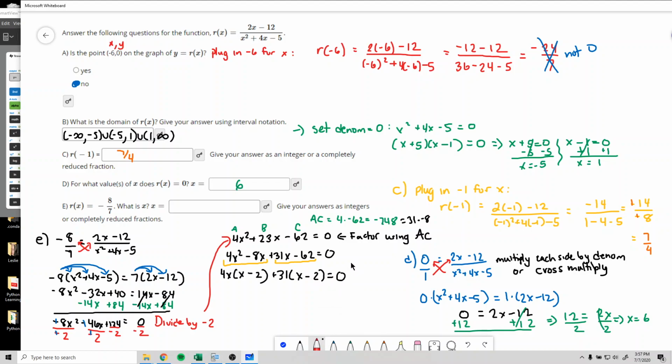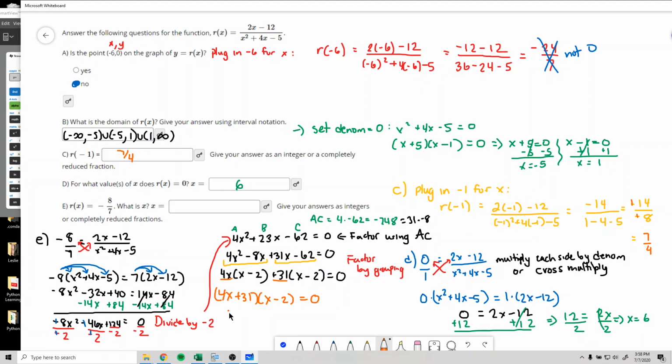All right, so I'll just write a little reminder here. We're doing factor by grouping. Now we have it grouped. We've got what's in front, 4x plus 31 as one of our factors, and then the other factor is x minus 2.